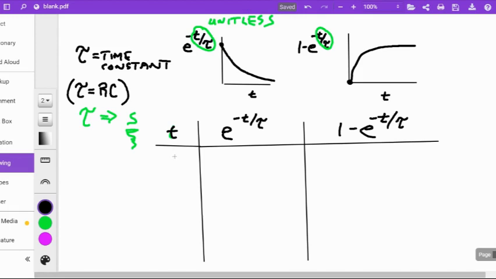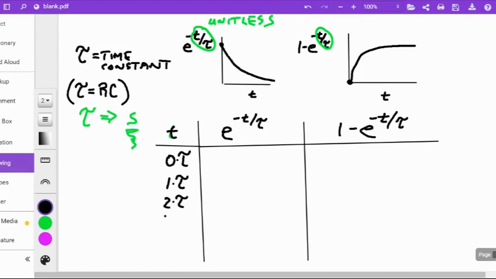For my time, I'm going to express time in terms of tau. The first time I could have would be 0 times tau, which of course is 0. Now, if I wait a little bit longer, I would have 1 times tau. You have to think about tau as just a number of seconds. Make up a number. Maybe tau is equal to 5 seconds. So this first point is 0 seconds, then 5, and let's keep going.